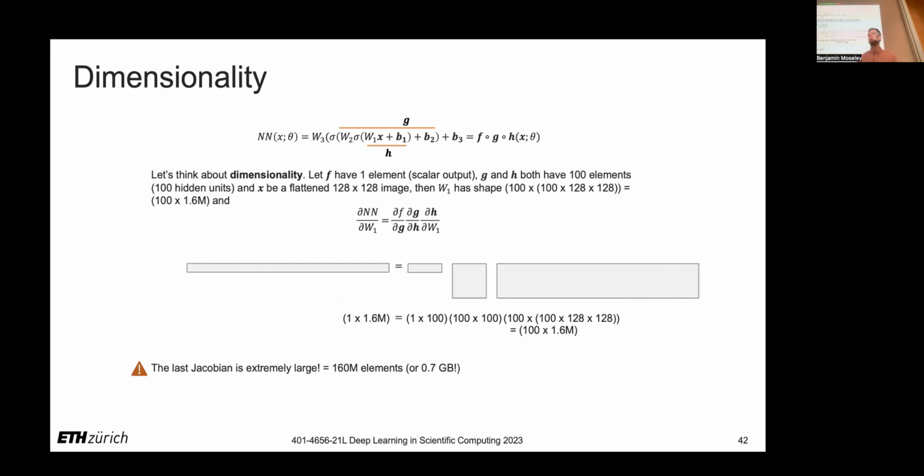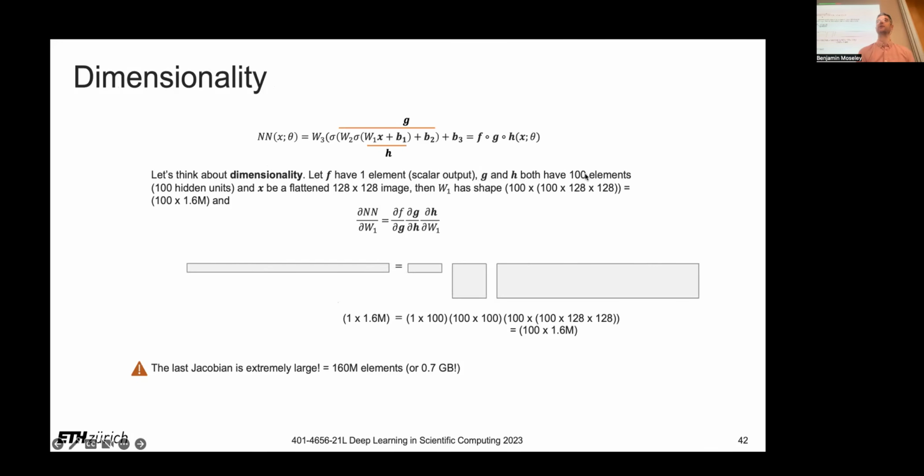Okay, so what we need to think about is dimensionality. I've said all of these are matrices, but what are their shapes and sizes? It's really important to understand what these are, so we need to think about what the architecture is itself. Let's assume that the output of the network is one element, so it's a scalar output.